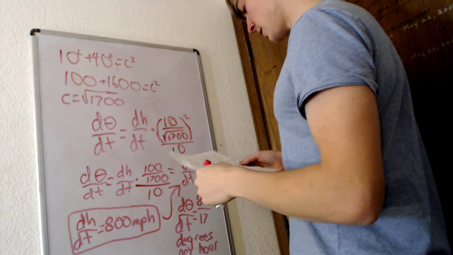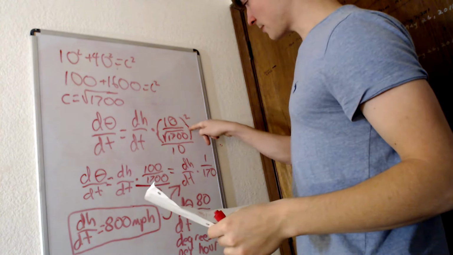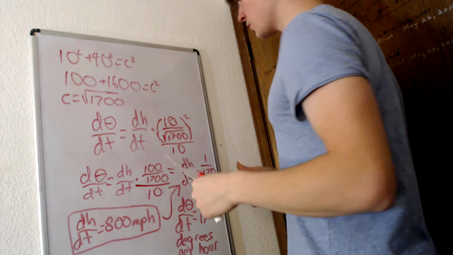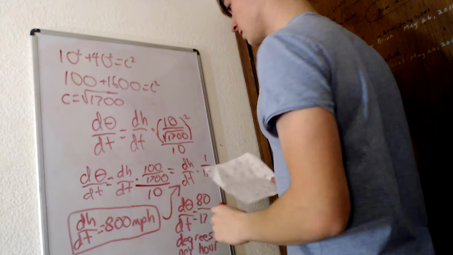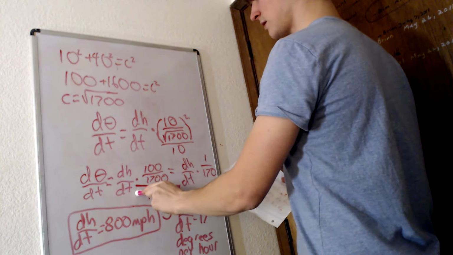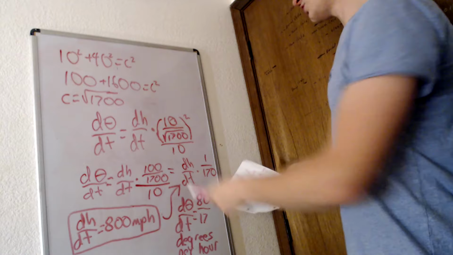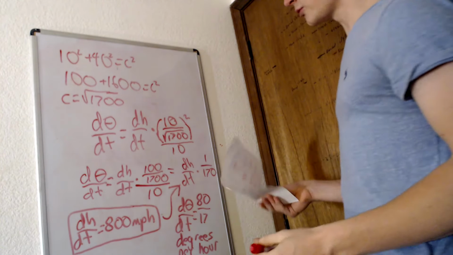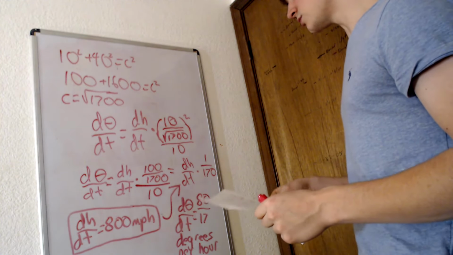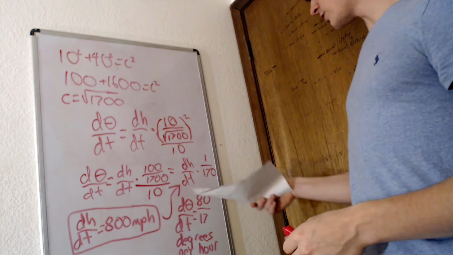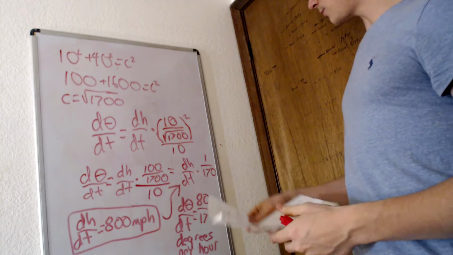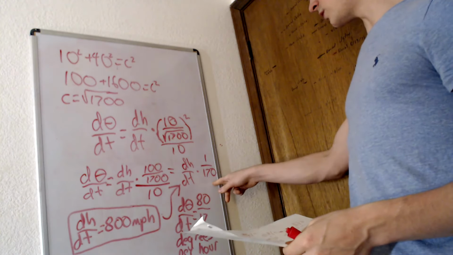So we plug in that adjacent over hypotenuse and square it because it was cosine of theta squared, and that's still divided by 10. And then we can simplify that down here to 100, and the square of the square root of 1,700 is just 1,700, and that's still all over 10. Then just do some arithmetic here to simplify that to 1 over 170.